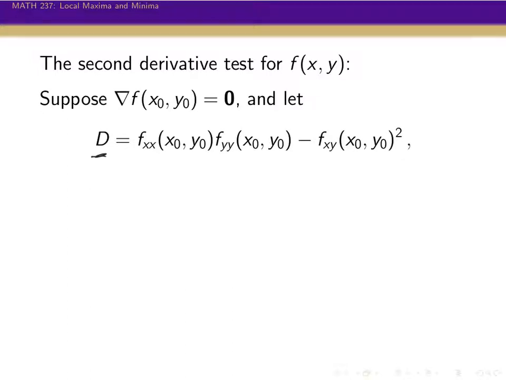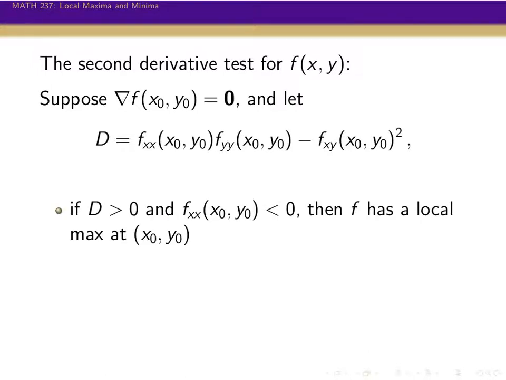And what d is, we take 2 partials in terms of x times 2 partials in terms of y, and then we subtract off the mixed partials squared. We're going to call that d. And that d is going to be playing the role of f double prime of x0 that we saw for one variable. And so if d is positive, so if we're looking at this d, it's f of xx times f of yy minus f of xy squared.